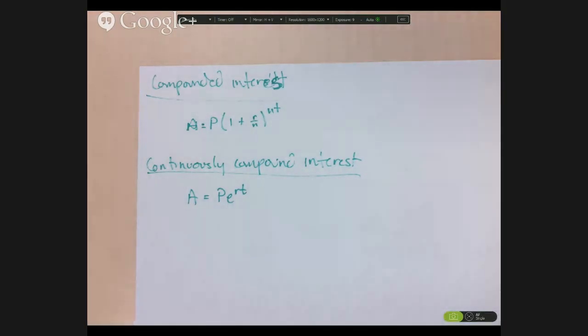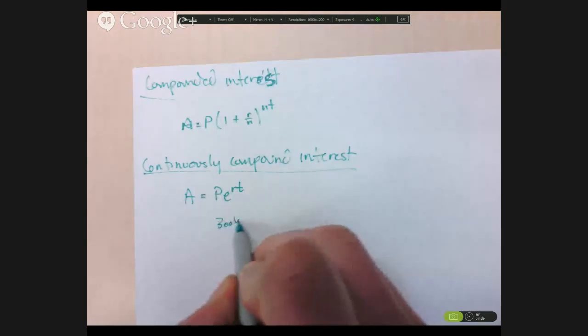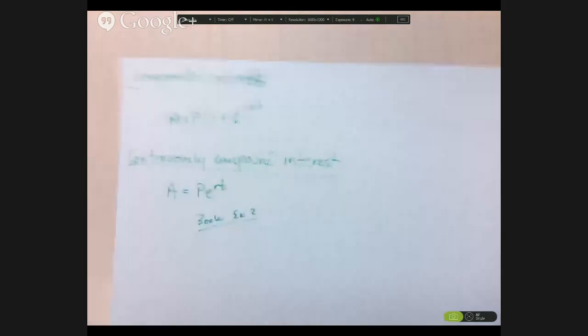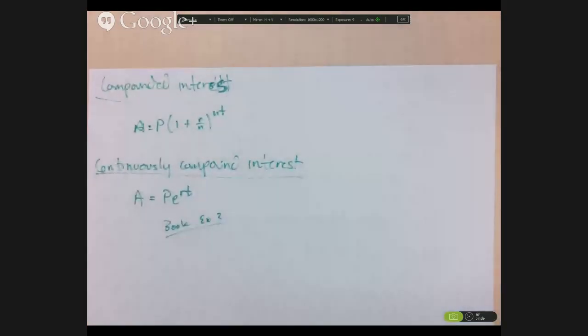Usually more beneficial. Example 2 in your book gives you an example of 25 years, a $10,000 investment. The difference would be about $1,500. Okay. I wish I could give you more than that. I think you can handle it though.